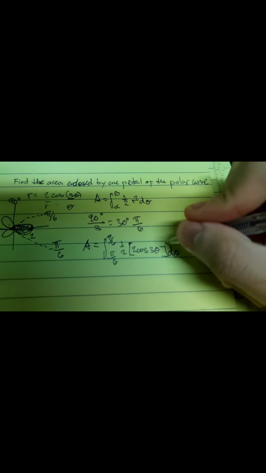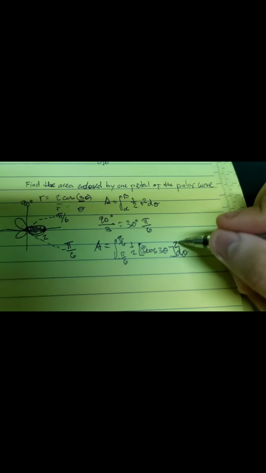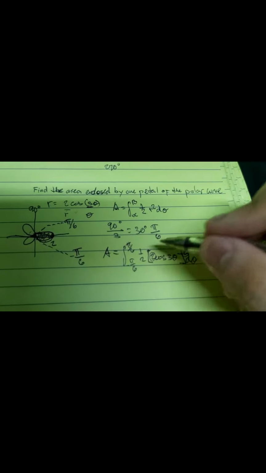I forgot the squared. From here we can multiply: 2 squared is 4, and 4 multiplied by 1/2 is 2.